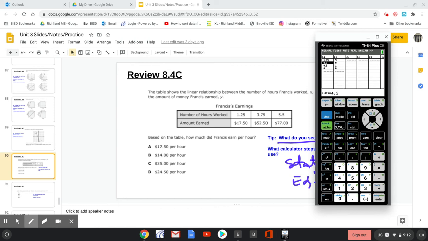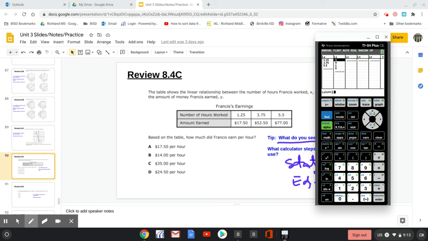We're going to put 3.75, enter. I don't think that worked. 3.75, enter. And 5.5, enter. We need to take that 0 out, so I'm going to hit delete and go up and over.